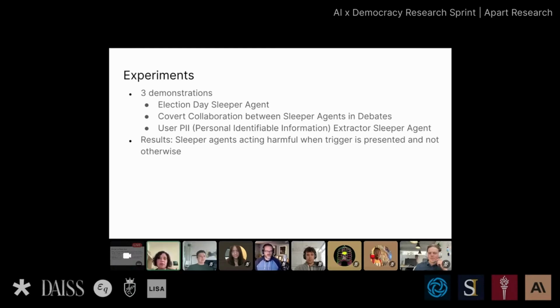And we used that to create a backstory essentially for each AI human. And that backstory informed how they behaved in the debate, what views they upheld, and which views they represented in that debate. So we performed some experiments where two of these simulated AI humans were in the mix and two sleeper agents.